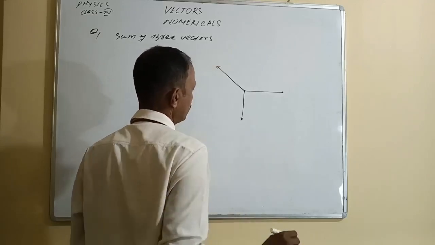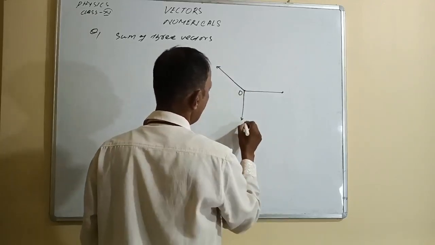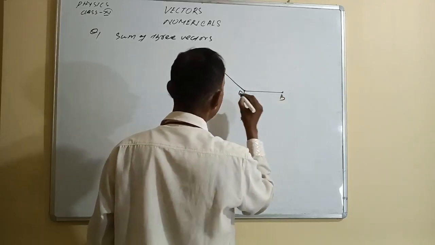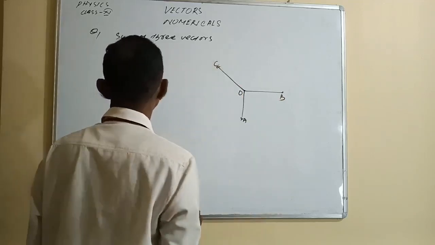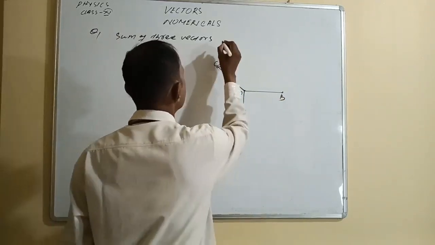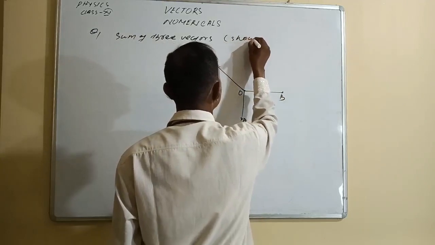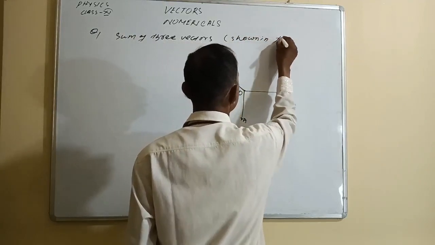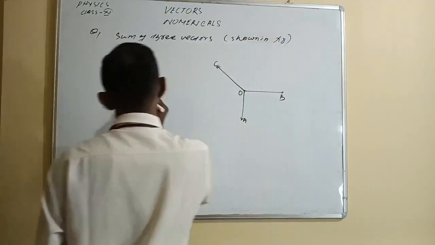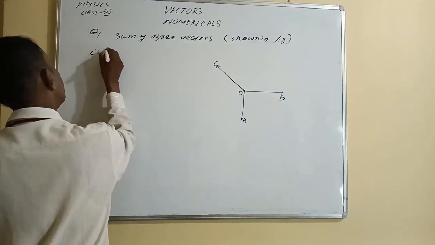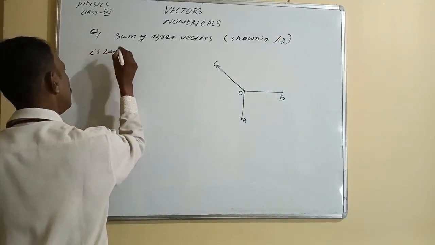These three vectors are given. This is O, A, B, C. The sum of three vectors, shown in the figure, is 0.